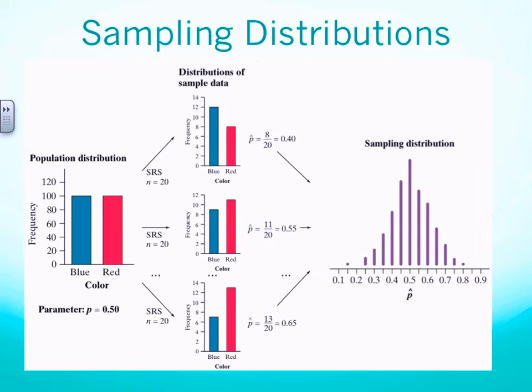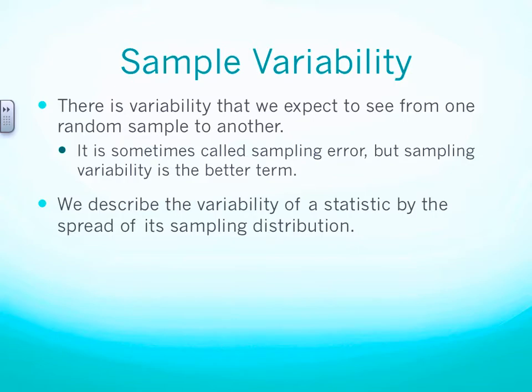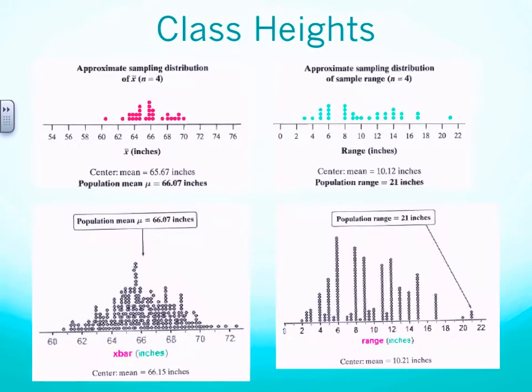But the idea that you have variability from one sample to the next is called our sampling variability. So there is variability that we will expect to see from one sample to another. It is sometimes called sampling error, but sampling variability is a much better term. So we describe the variability of a statistic by the spread of its sampling distribution.